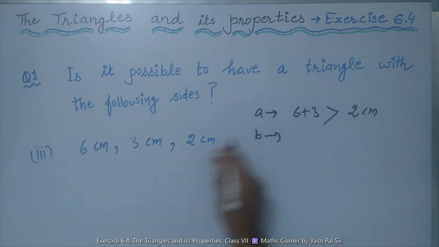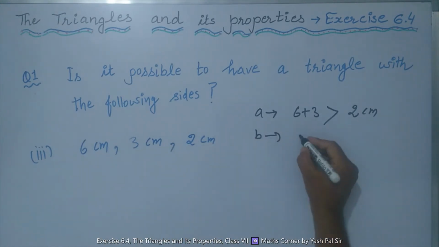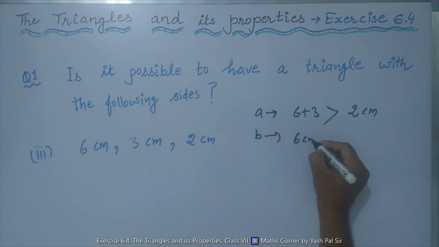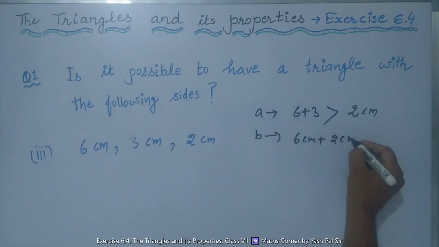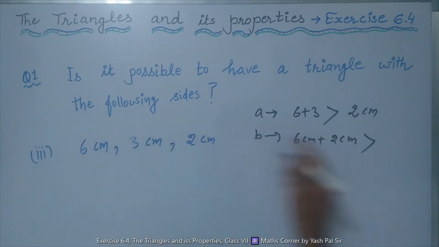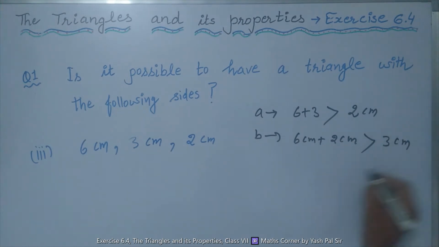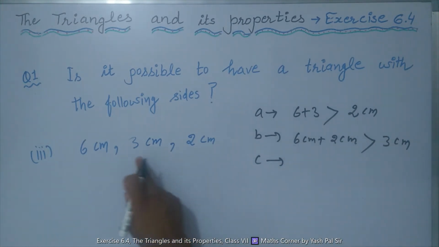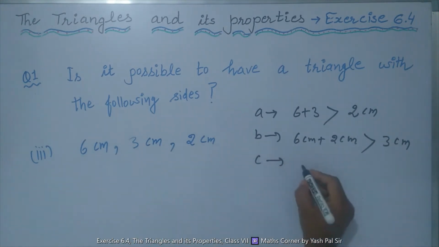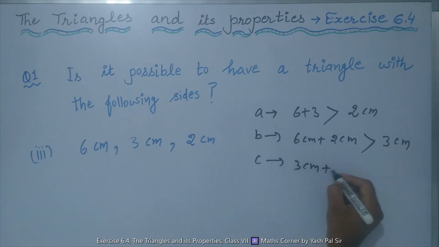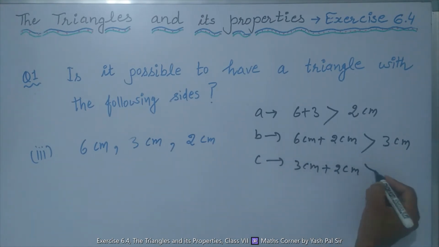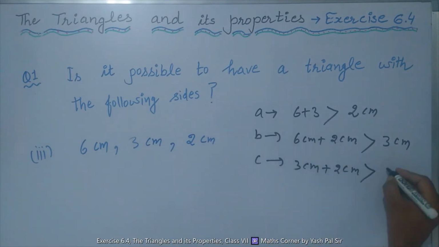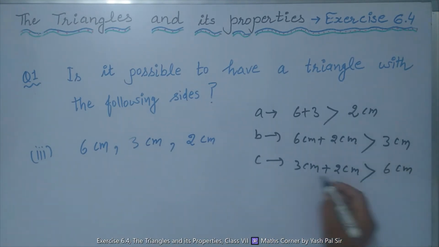B part, sum of 6 and 2, 6 centimeter plus 2 centimeter is greater than third side, 3 centimeter. C part, sum of 3 and 2, 3 centimeter plus 2 centimeter is greater than third side, 6 centimeter.